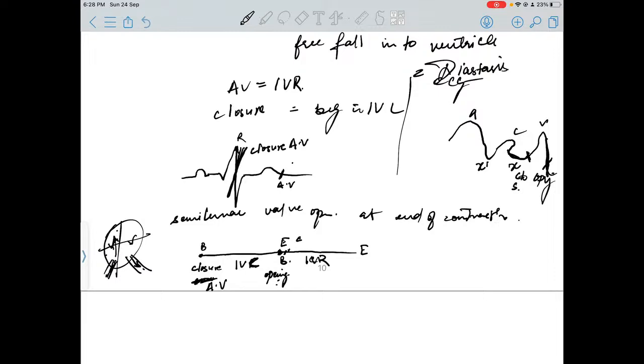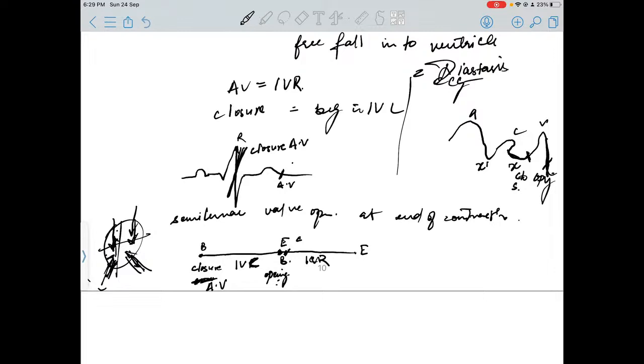And then at the beginning of the isovolumetric relaxation, closure of the semilunar valve is happening. This will close, so the blood cannot go back into the heart. At the end of the relaxation, what happens is the opening of the AV valve, so the blood that has gone through the system can come back into the heart and into the ventricles.